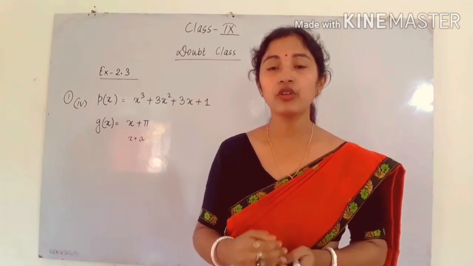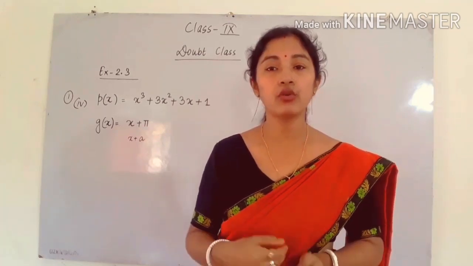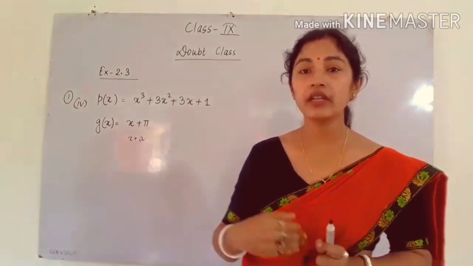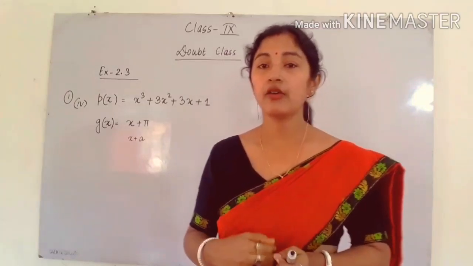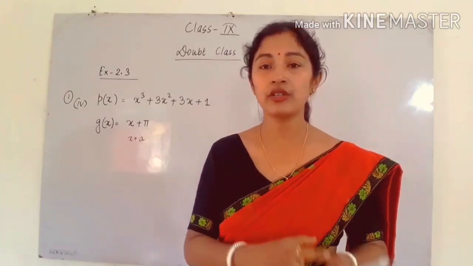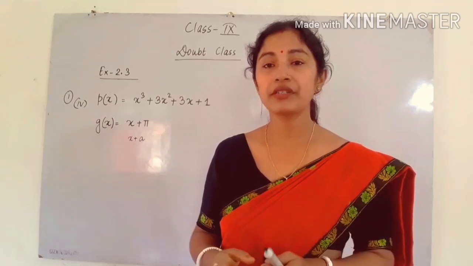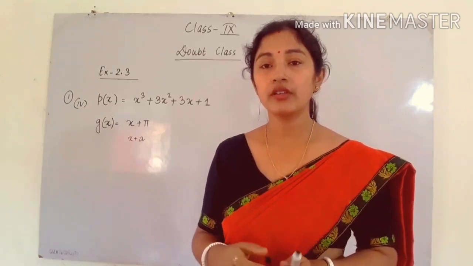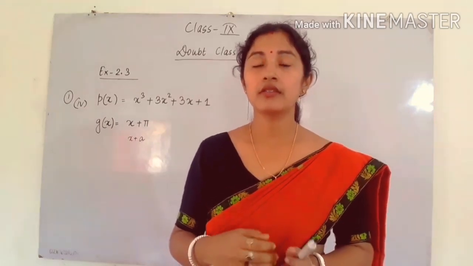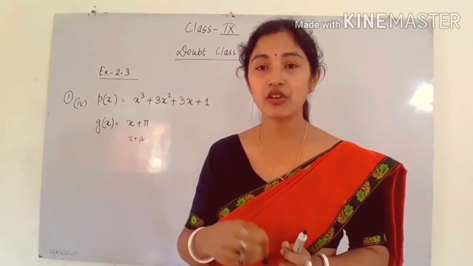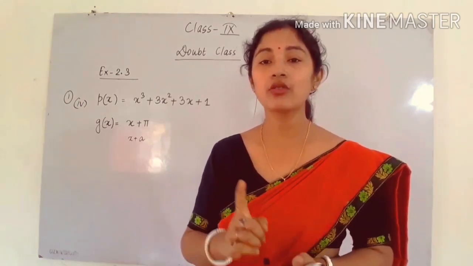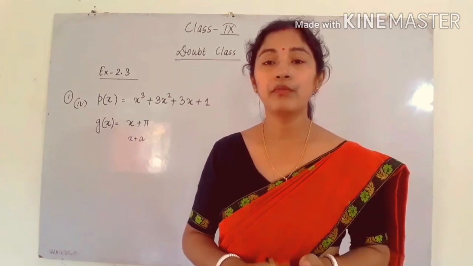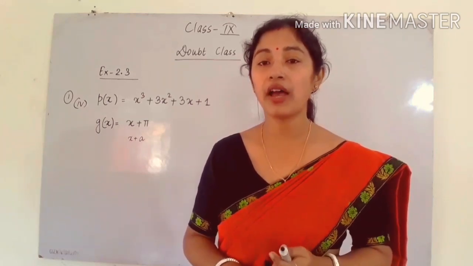One more thing: later on when you go to class 11, pi you can use in geometry, and also in one topic, that is trigonometry. In trigonometry there is a topic, measure of angle, and in that case also you have to learn about pi.